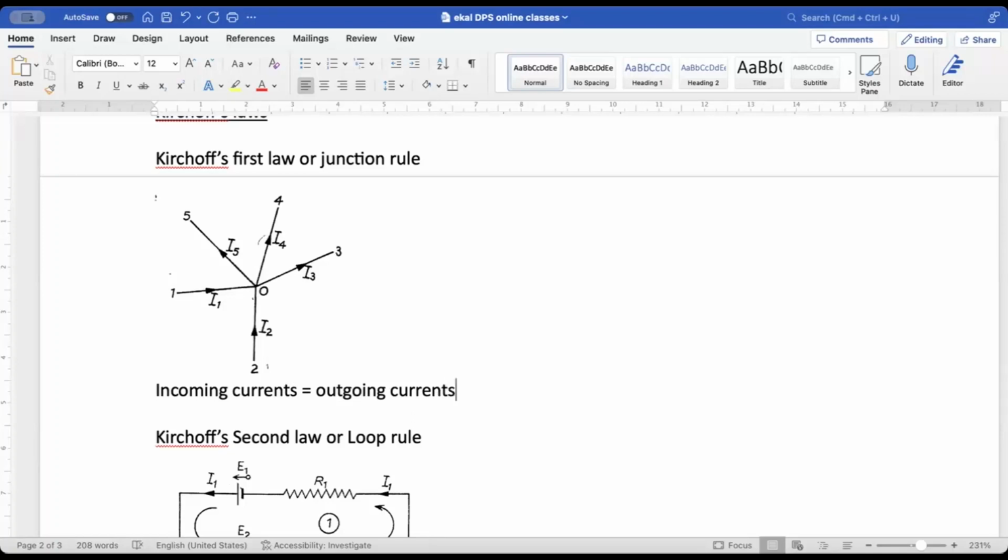This is first law or junction law because it is dealing with the current. So we can also call it KCL or Kirchhoff's current law.